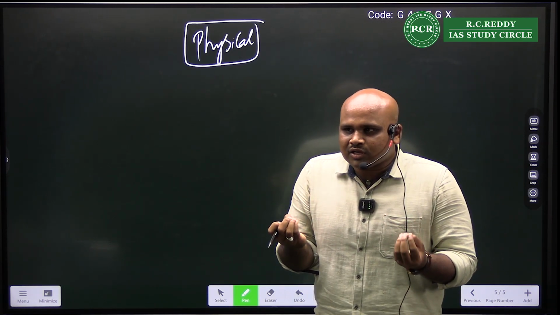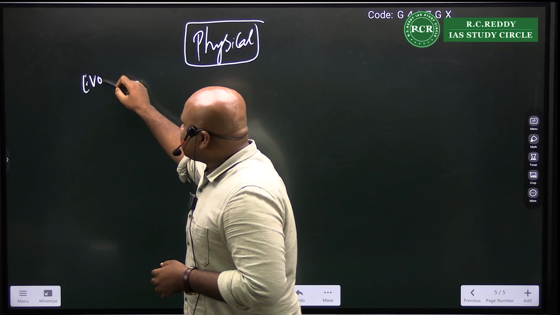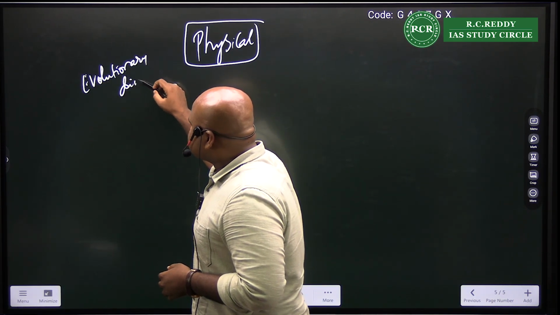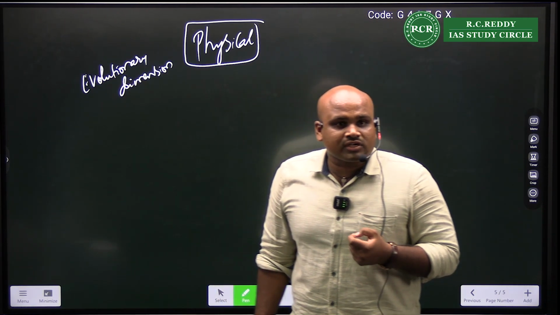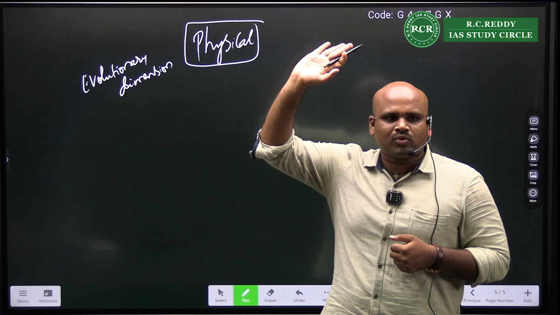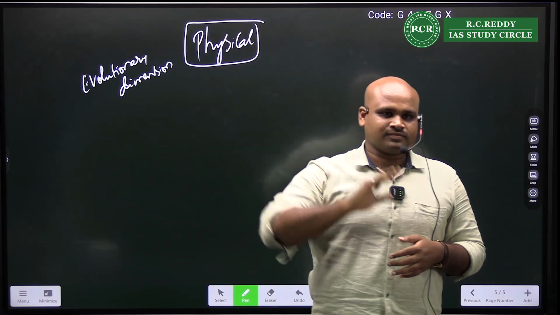When you look at physical anthropology as a subject, we study the evolutionary dimension of human beings. What do you see in the context of the evolutionary dimension? Once upon a time, one of the archaeologists who was roaming around suddenly went to Tanzania.